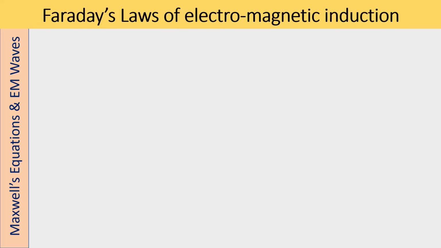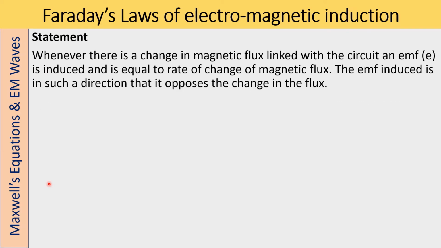Now let us discuss Maxwell's third equation, which is nothing but Faraday's law of electromagnetic induction. The statement is that whenever there is a change in the magnetic flux linked with the circuit, an EMF is induced and is equal to the rate of change of the magnetic flux.